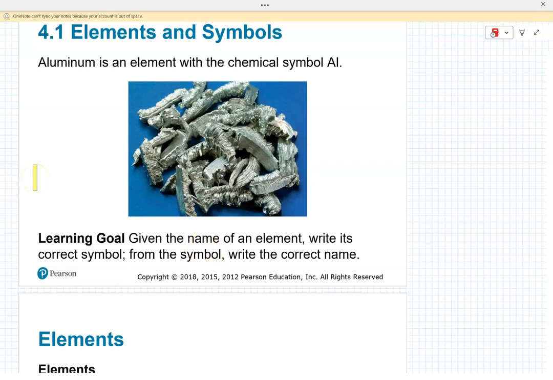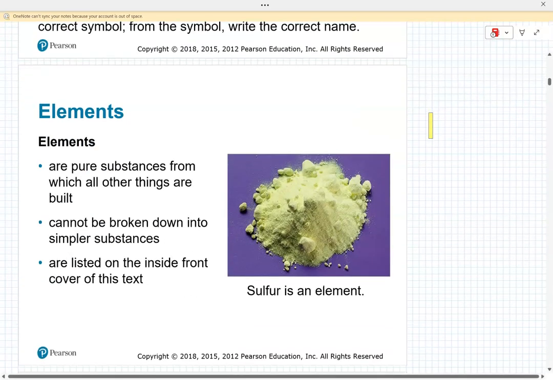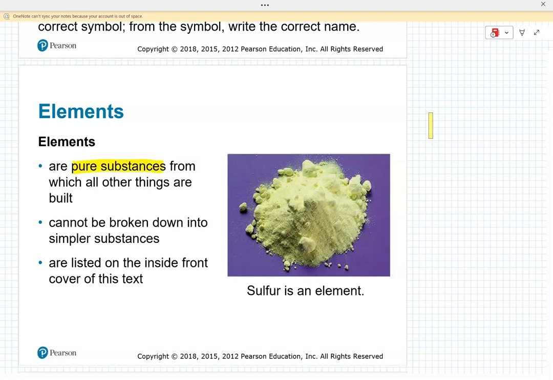So first, we're going to chat about the concept of an element. Okay, so what are the elements? First of all, they are pure substances. They make up everything.